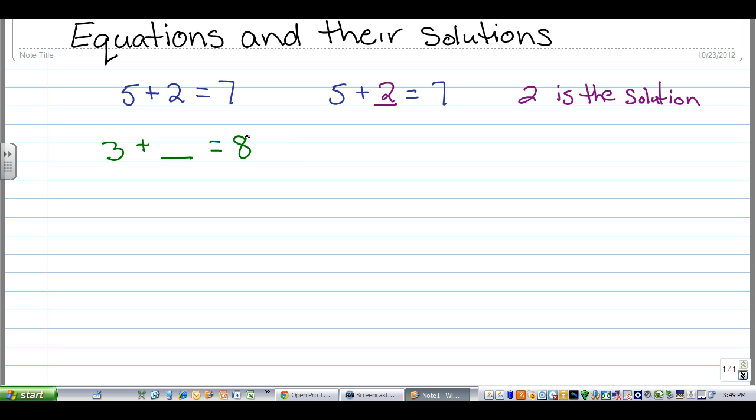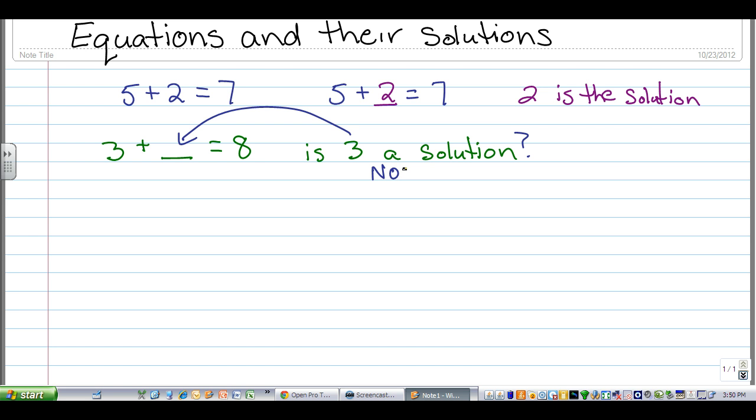I could say, is 3 a solution for that? Meaning, if I put 3 in here, is that going to equal 8? No, of course not. 3 plus 3 equals 6. It doesn't equal 8. So is 3 a solution? No.